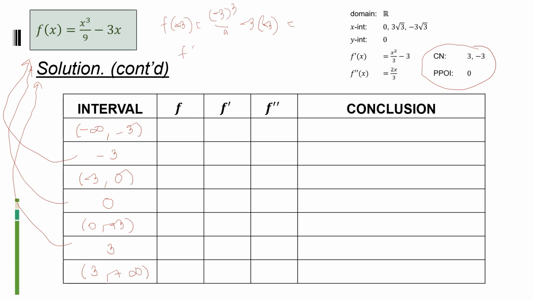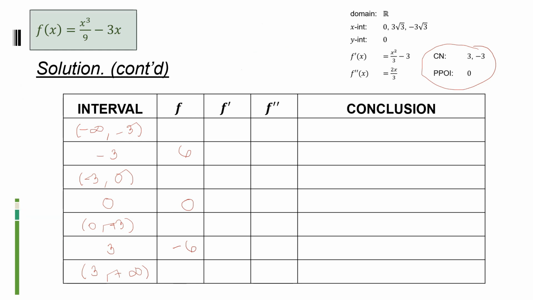Next naman, f of 0 equals, okay, so 0 lang yan. 0 cube over 9 minus 3 times 0, so that is just equal to 0. And finally, f of 3 is equal to 3 cube over 9 minus 3 times 3, so that is 27 over 9, that is 3 minus 9 is negative 6. So we have negative 6.